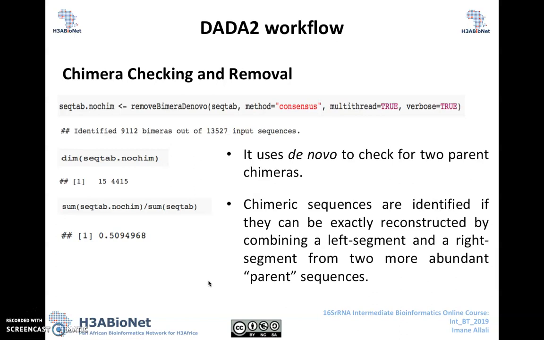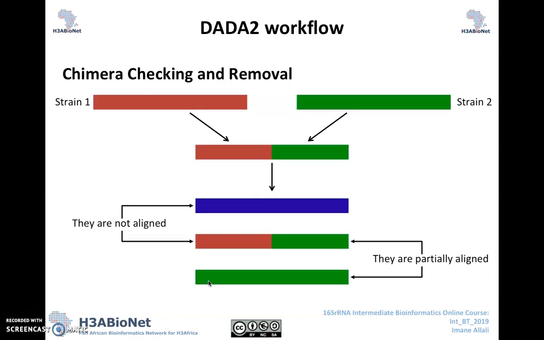To illustrate this in this slide, let's say we have two strands, strand 1 and strand 2. This chimeric sequence was created during the amplification, so it is half red and half green. What DADA2 does is align this read with all possible true reads. Here it aligns with the purple read.